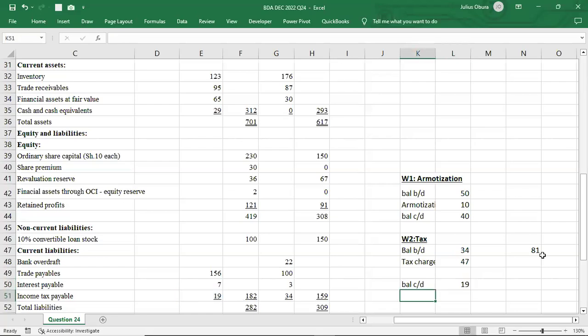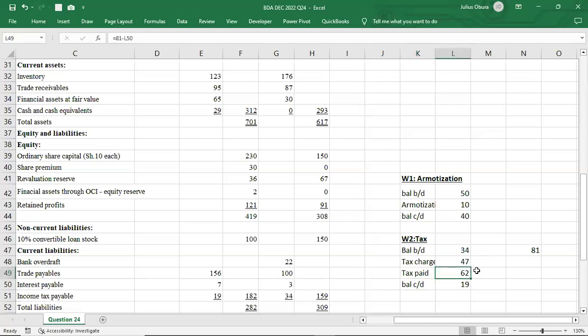Now we have this decrease from 81 to 19, which means that during the period, we paid taxes amounting to 81 minus 19, which is 62.